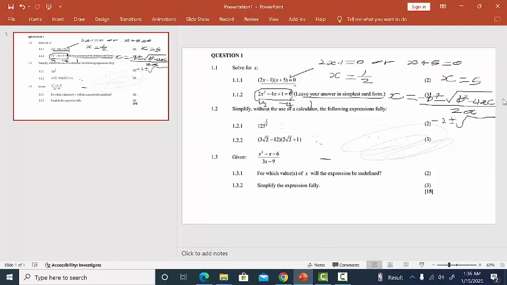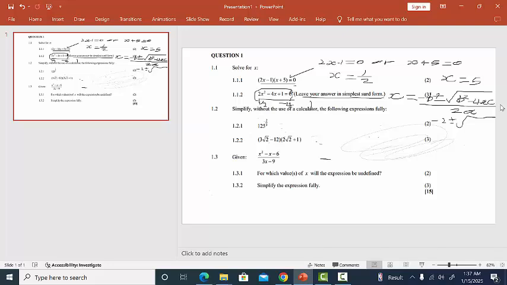So b squared is -4 squared, which is 16, right? Minus 4 times a, which is 2. If you noticed my errors, please correct me. But 4 times 2 times 1 will be 8, right?